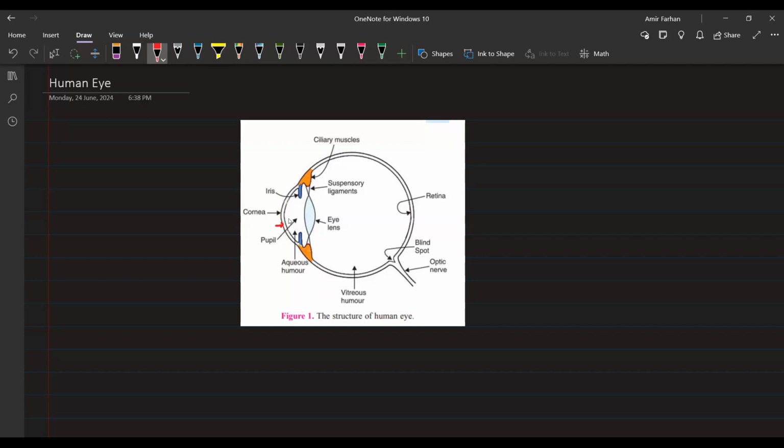Because if the amount of light is very high, your eye will get hurt, and there are very high chances that the retina is torn. Retina is a kind of tissue, so it will get torn if the amount of light is very high, and even the lens as well. You must have seen that when you are exposed to a very bright light, suddenly your vision goes blank.